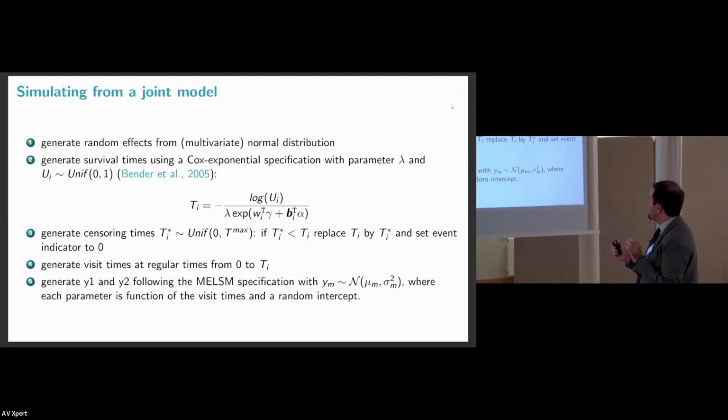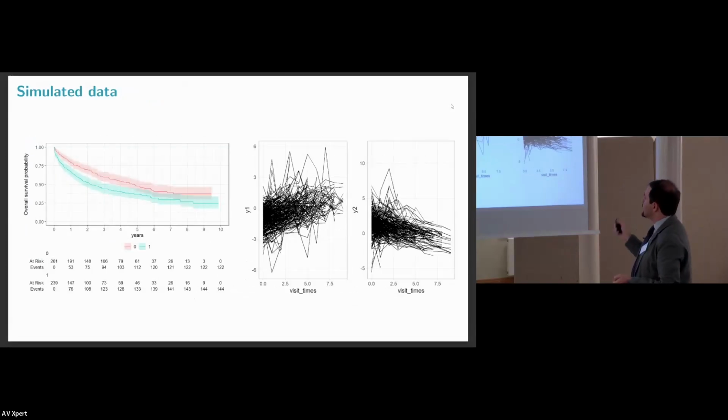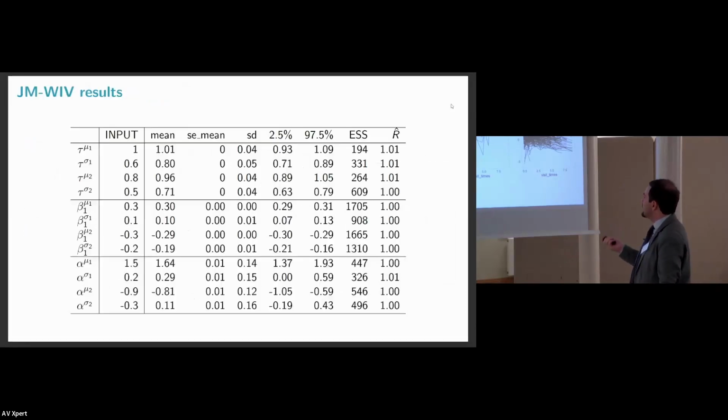Actually, I need to check here because I changed it very recently. So I had the first setting where my mean specification was just a fixed effect of time and a random intercept, but I can also add some other covariates there. These are the data, just to look at the parameter settings that I've used and make sure they make sense.